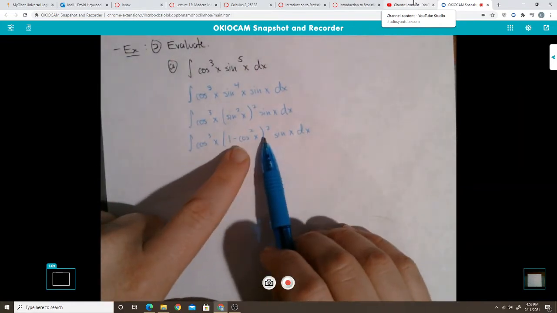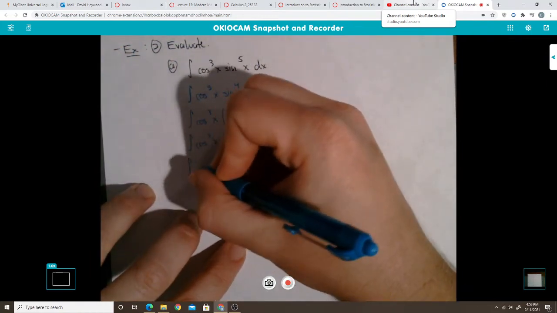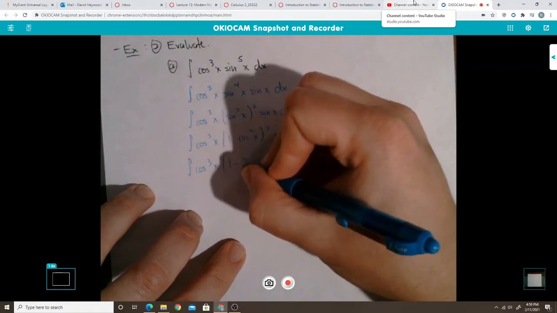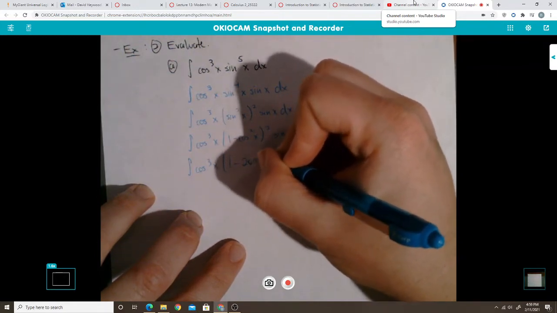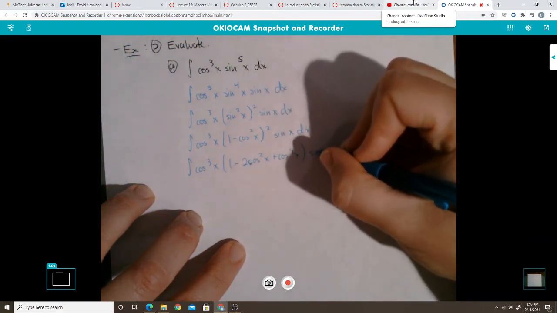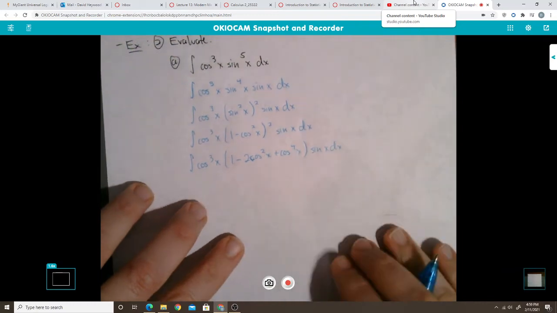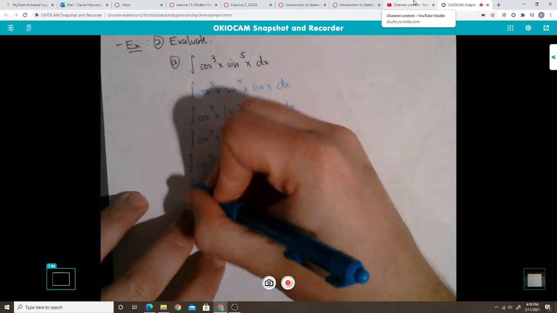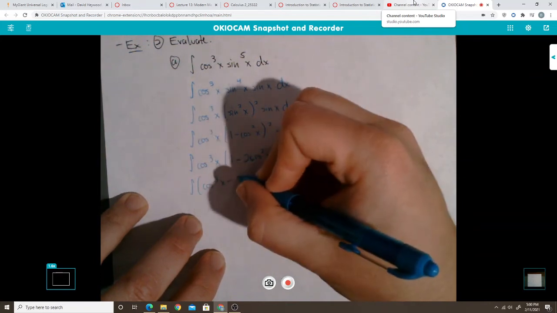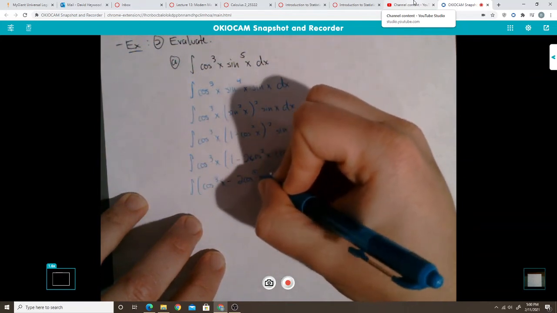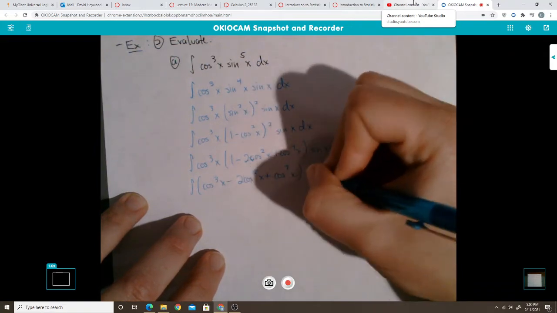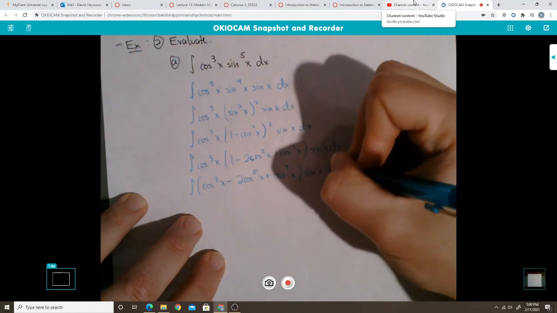Anyway, so I can square that now and get cosine cubed x times 1 minus 2 cosine squared x plus cosine to the 4th x. And then I can distribute in the cosine cubed. So I've got cosine cubed x minus 2 cosine to the 5th x plus cosine to the 7th x sine x dx.